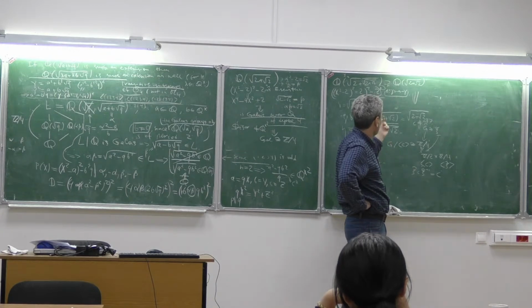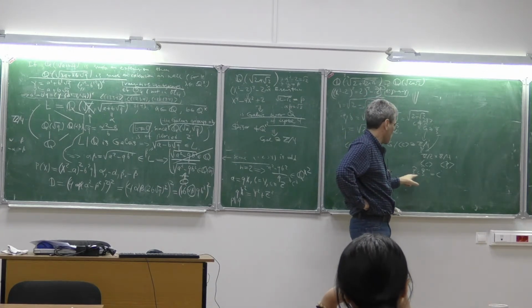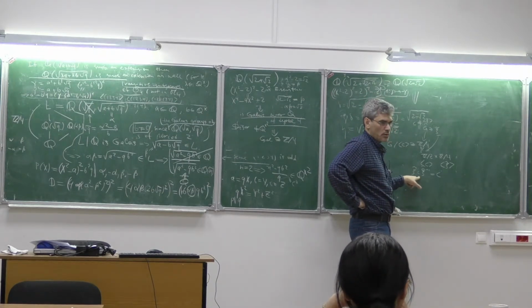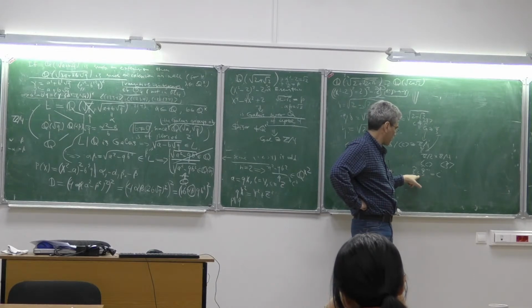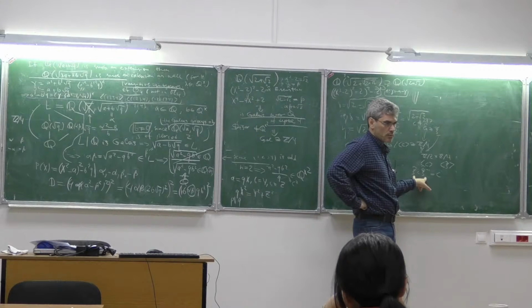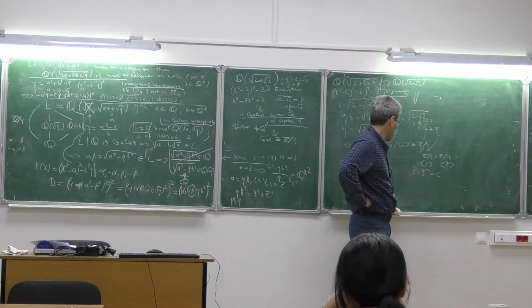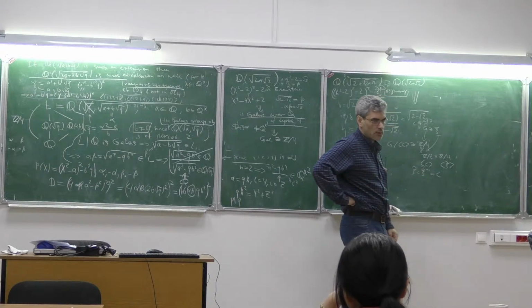What does it mean that it is normal? It means that when we conjugate elements of this subgroup, we get to this subgroup again. And how did we get to psi? It doesn't matter, any element here, we just take an arbitrary one.